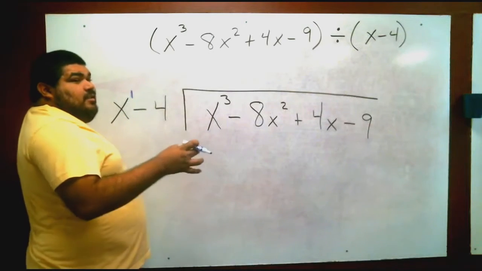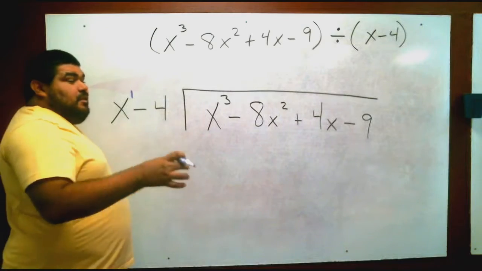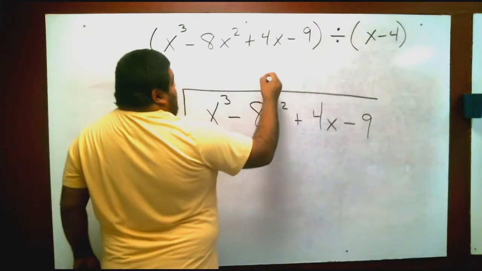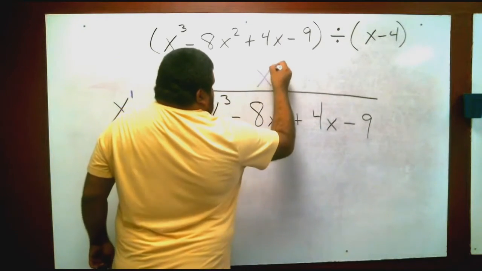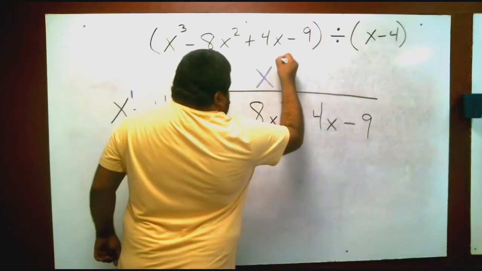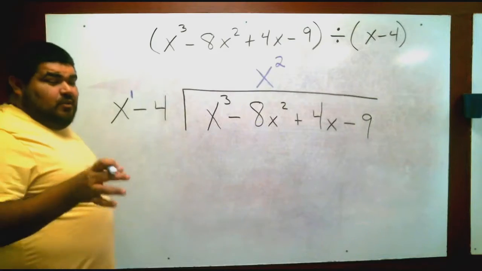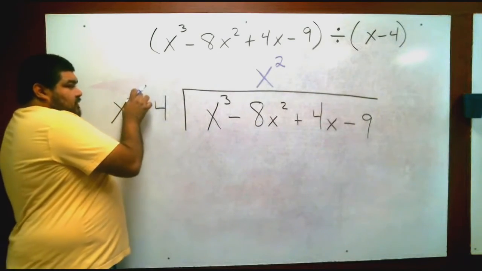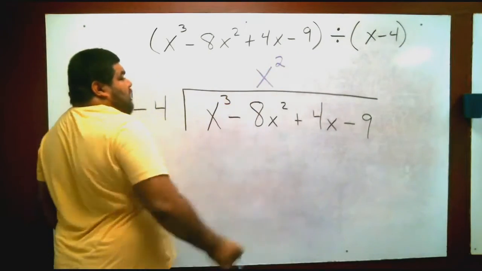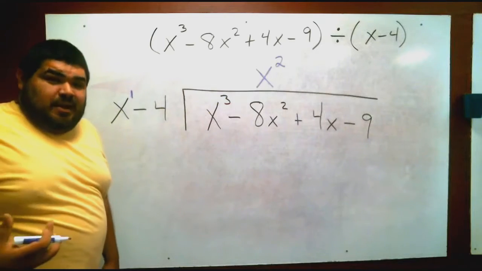So notice that again, I said our first variable is going to be 2 spaces over. So we're going to put x squared. Okay? Again, the reason why is because x to the first times x to the second is x to the third power.